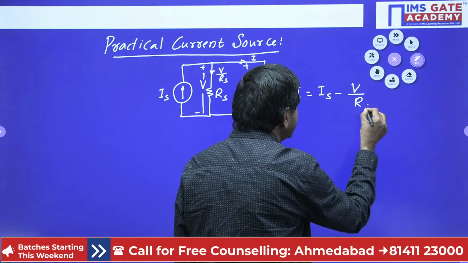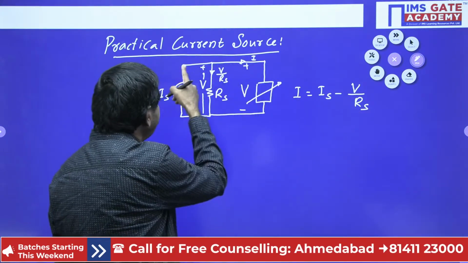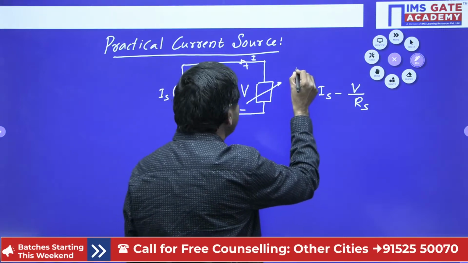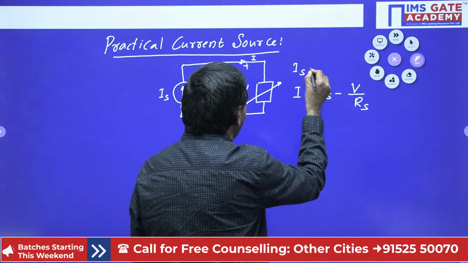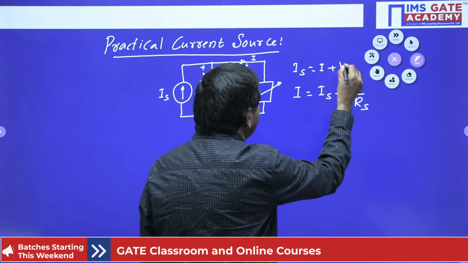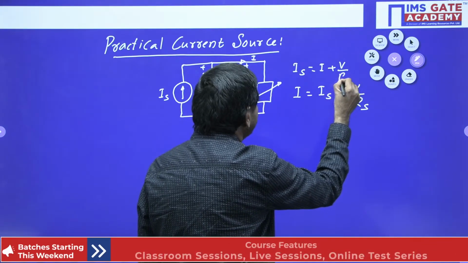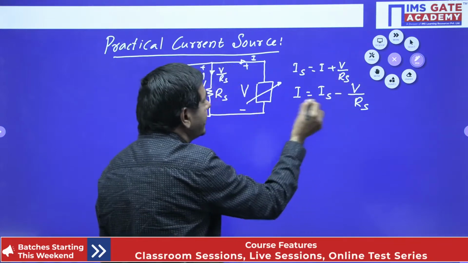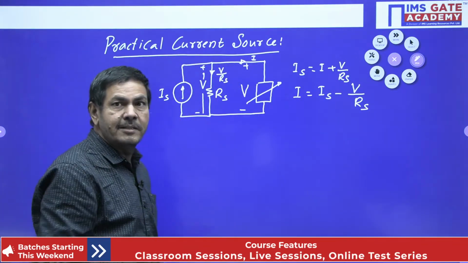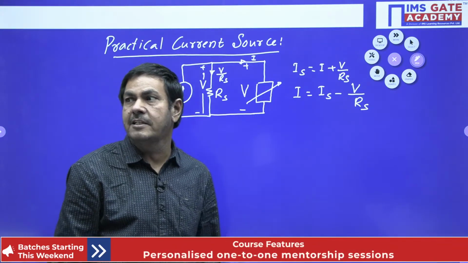We know very well IS equals V by RS plus I. Otherwise, if you have a doubt, you can write it like this also: IS equals I plus V by RS. From this, what is I? I equals IS minus V by RS. But in this case the load is variable.